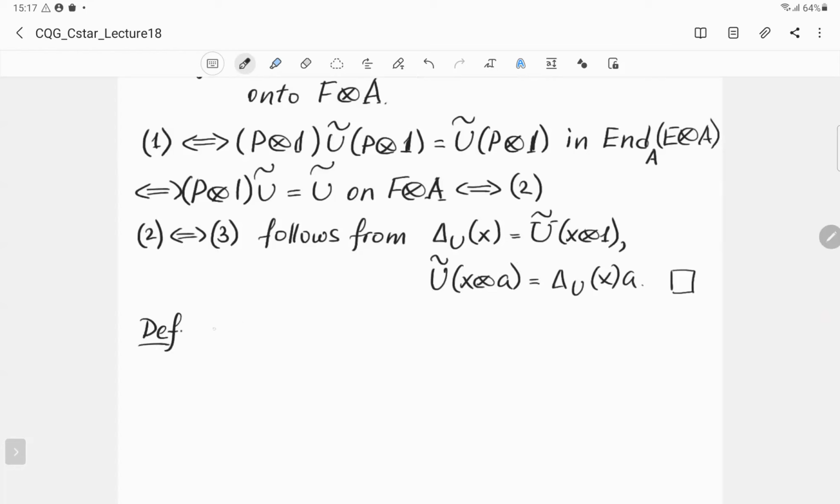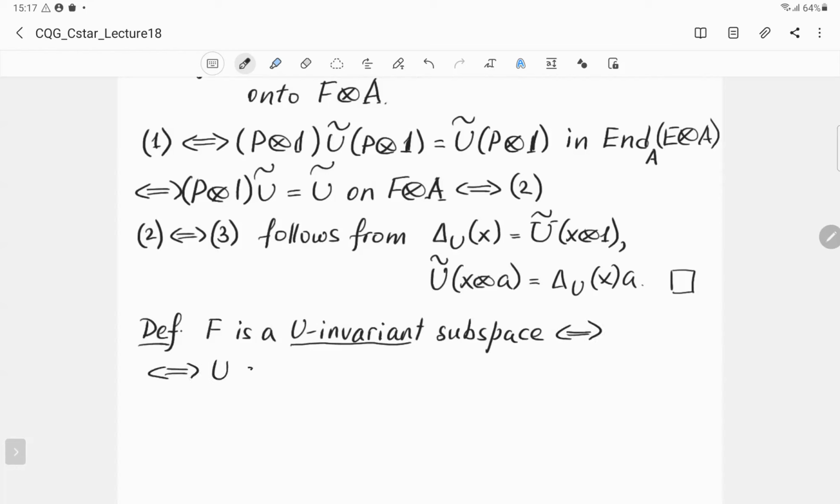So by definition, F is a U-invariant subspace if U satisfies any of the above conditions, and since they are equivalent, it satisfies all of the above conditions.